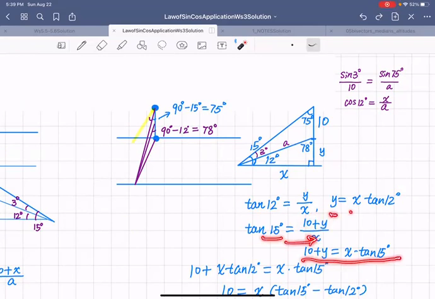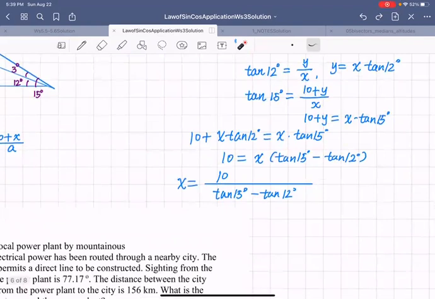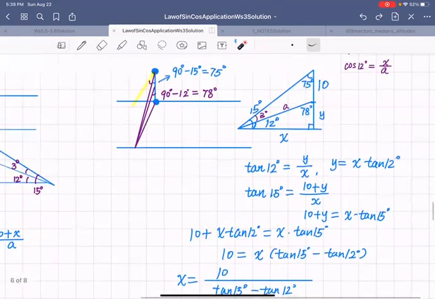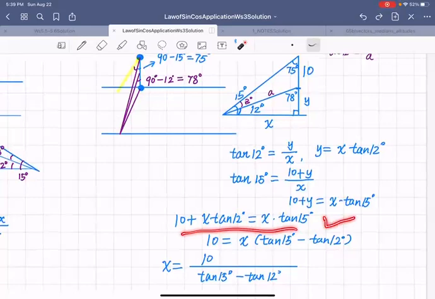Who is y? y is x times tangent 12. So I replace this y here. That's why 10 plus this equals x times tangent 15. Do you understand this? Yes or no? Do you understand this?